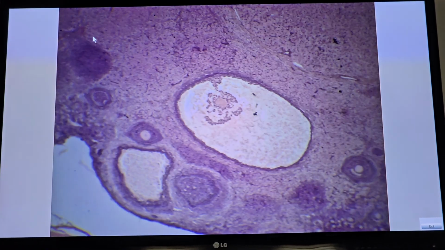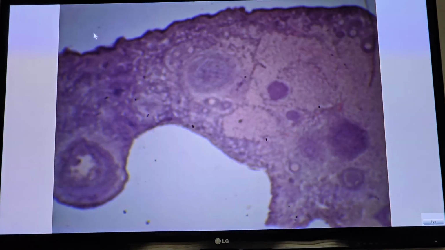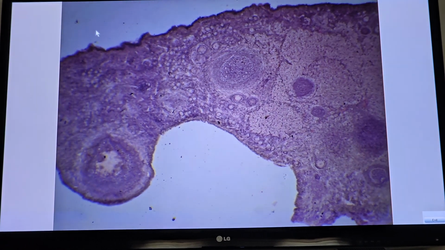Extracellular material secreted by the oocytes.